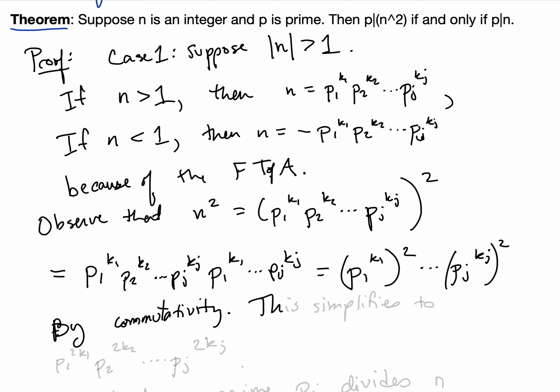And we could say this simplifies to p1 to the 2k1 times p2 to the 2k2 times dot dot dot pj to the 2kj.